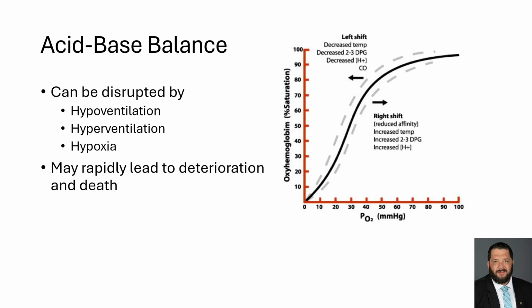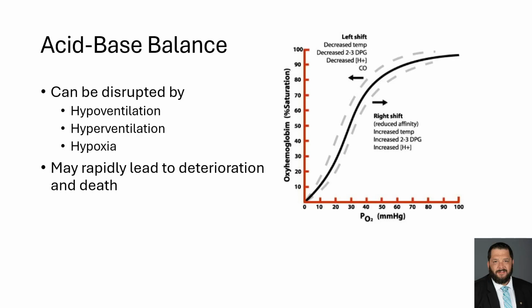If you'll notice, one of the primary driving factors in shifting the oxyhemoglobin curve to the left or to the right is the amount of pH. Oxyhemoglobin in a decreased pH setting, a more acidic setting, has a higher affinity.